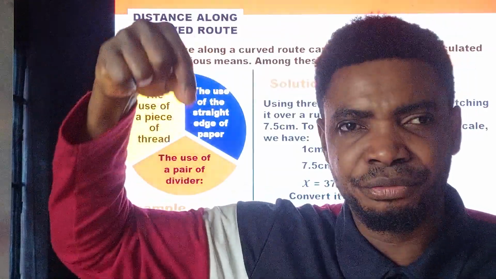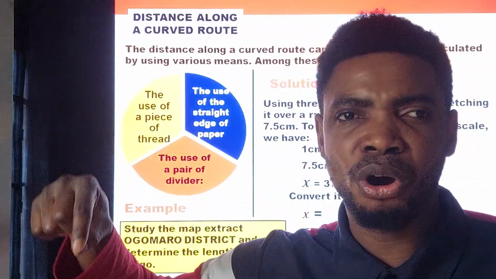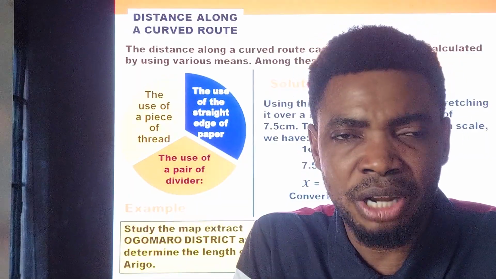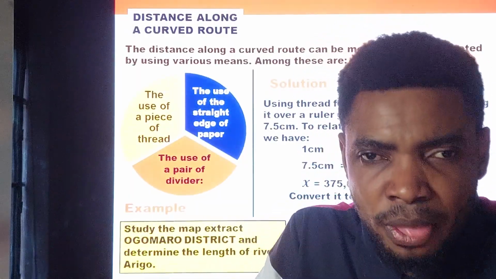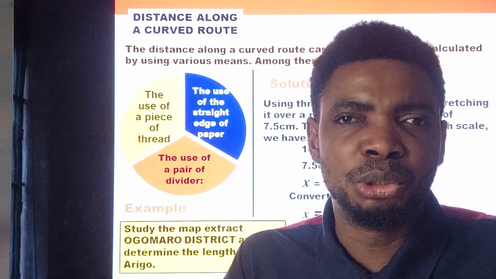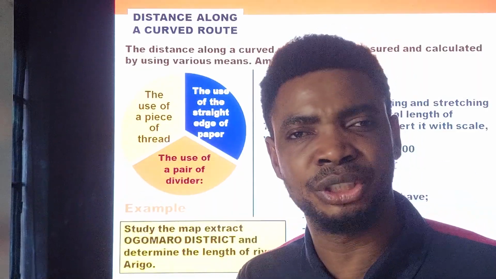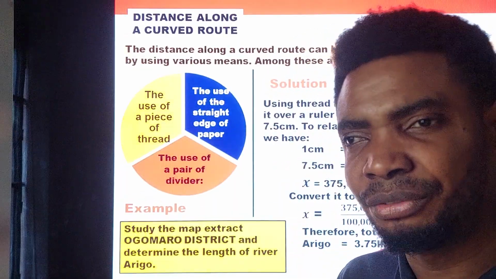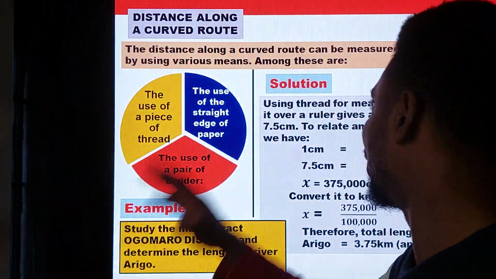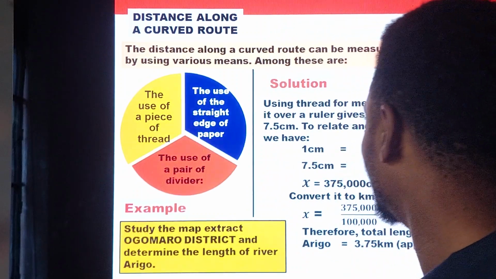As you are putting the divider on the edge of that curved part, when you finish it, you will eventually use a ruler to measure each punch that you make on the paper. You add all the distances together eventually. But that is very stressful. The best alternative among all this is the use of a piece of thread.